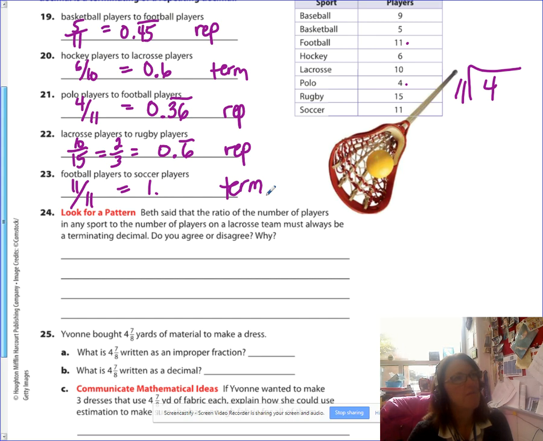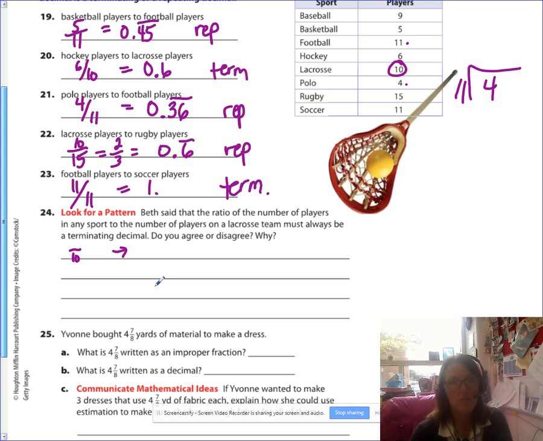All right, 24. Beth said that the ratio of the number of players in any sport to the number of players on a lacrosse team must always be a terminating decimal. Why or why not? Let's take a look. If lacrosse is the denominator and it's in tenths, then guess what?